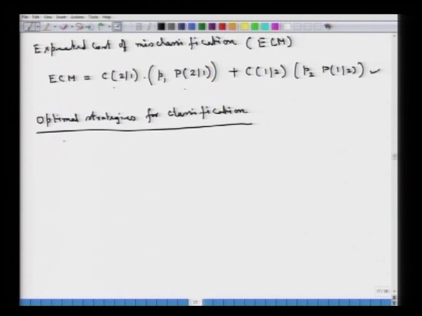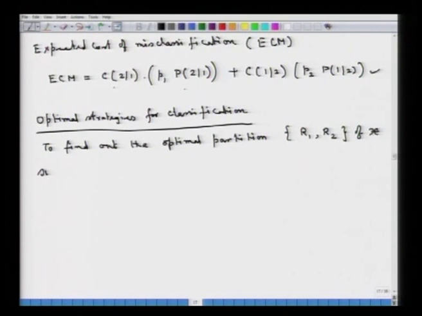So, when we talk about optimal strategies for classification, what we are trying to do is to find out the optimal partition, say R1 R2, of the sample space script x, such that the criterion that we have defined, that is the total probability of misclassification or the expected cost of misclassification, one of them is going to be the minimum possible.